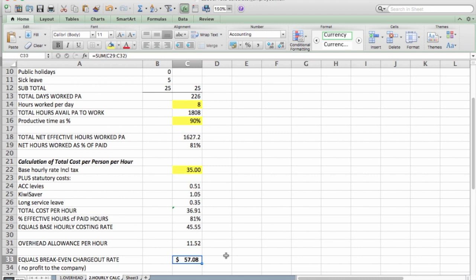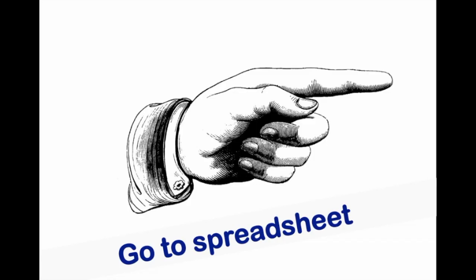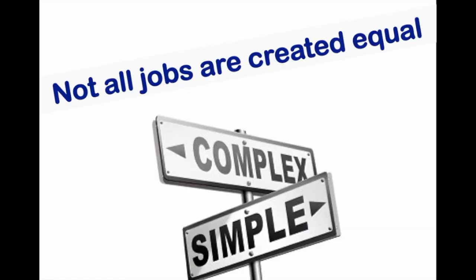So we'll just flick back to the slides now, and just to finish up, just on another point here, I guess, around labour, is remembering the fact that no two jobs are created equal, and it's perhaps unrealistic to have only one labour charge out rate, a flat rate across all of your jobs.